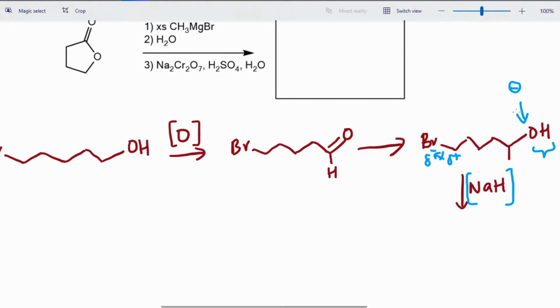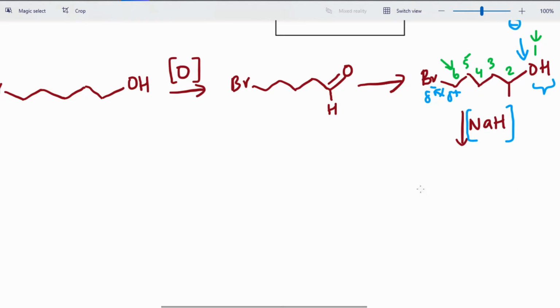So this oxygen is really inclined to attack the carbon and produce a cyclic compound. I'm going to use green here because people find it difficult to draw out cyclic compounds. So you would number, if the oxygen is attacking the carbon, that means this oxygen is definitely part of the ring. So it's position number 1, 2, 3, 4, 5, and 6. Oxygen at position 1 is attacking carbon at position 6. So you draw out a 6-membered ring.